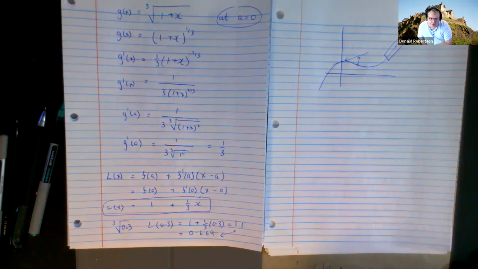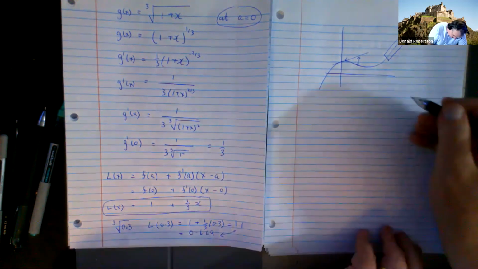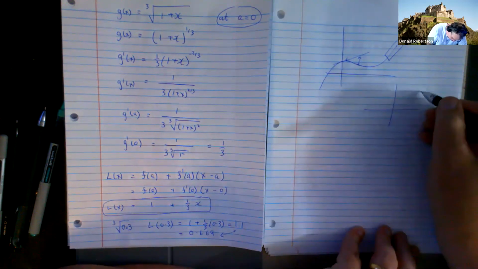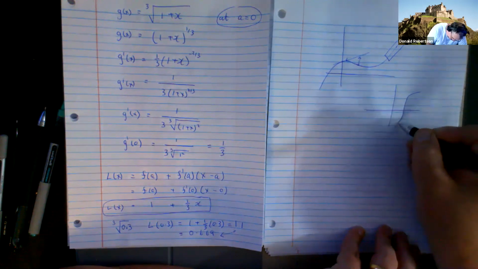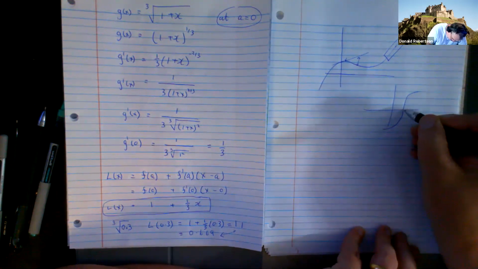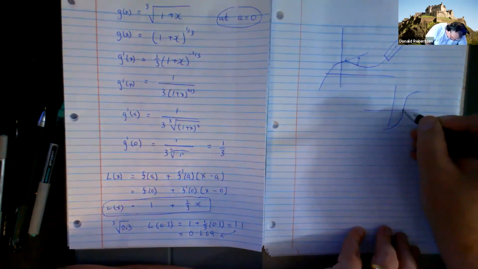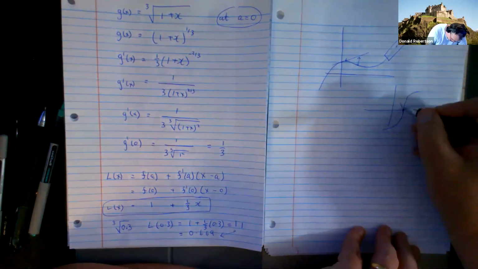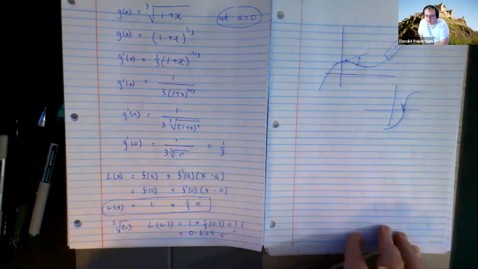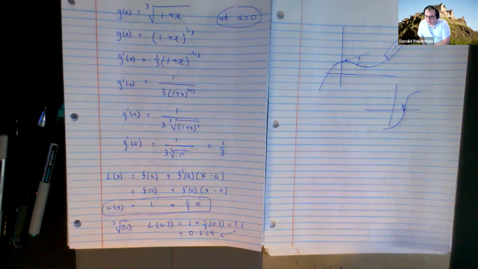Can you imagine you shouldn't try a linear approximation anywhere near a vertical asymptote? Sorry, don't try and find a linear approximation function close to a vertical tangent line. Can you imagine how bad that would be?